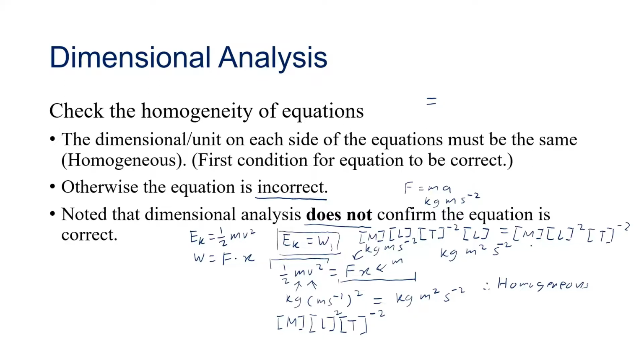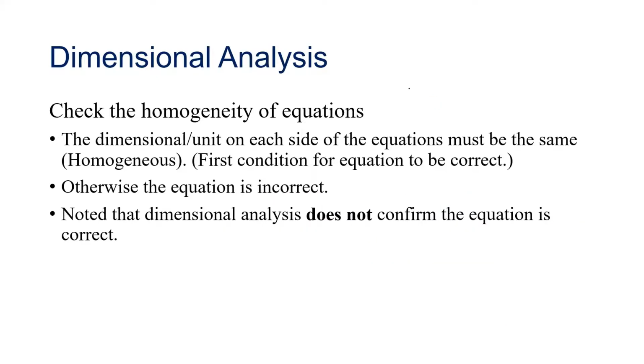You will get the homogeneous result, and this is the same dimension. So this is one example. Later we will look at more examples. I would like to talk more about the concept of dimensional analysis.